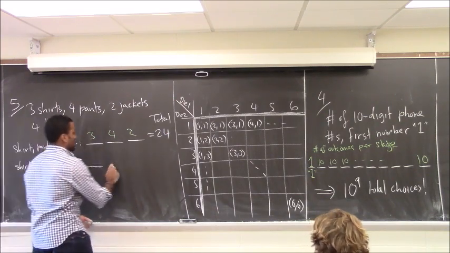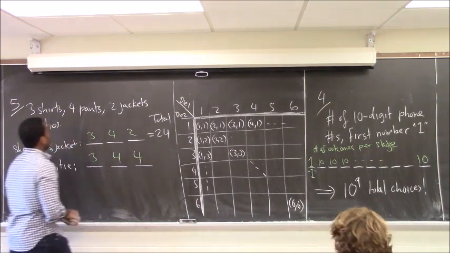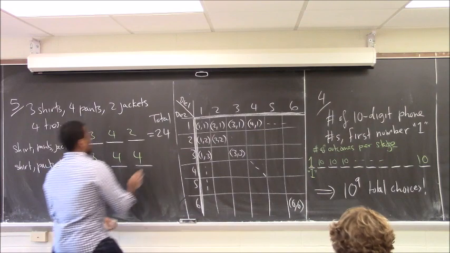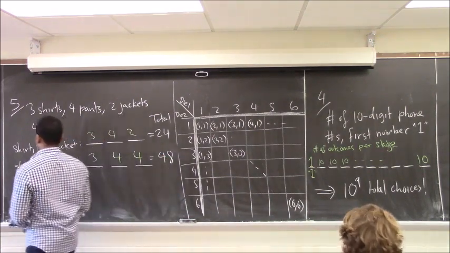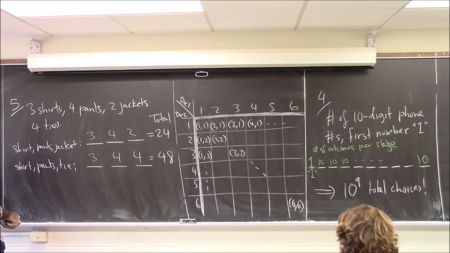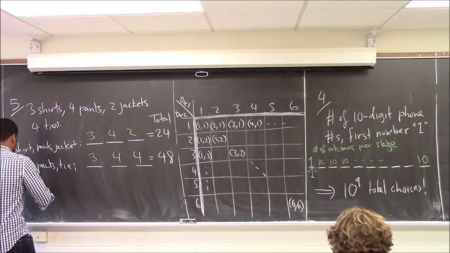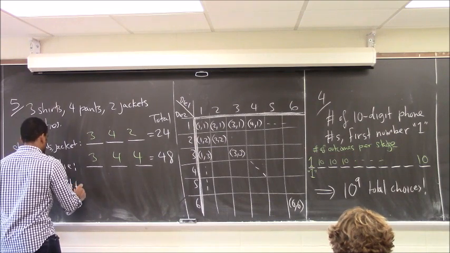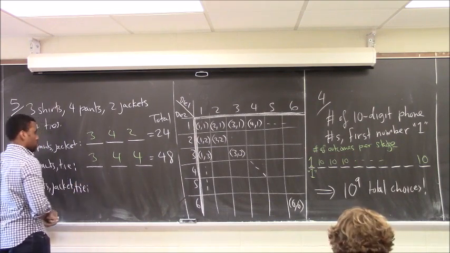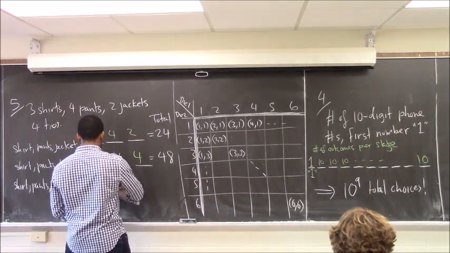Then you have a shirt, pants, and tie. And the possibilities are 3, 4, and 4. It's 48. And then you have shirt, pants, jacket, and tie, which is 3, 4, 2, and 4.